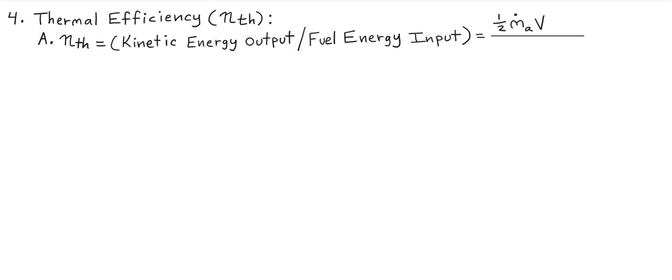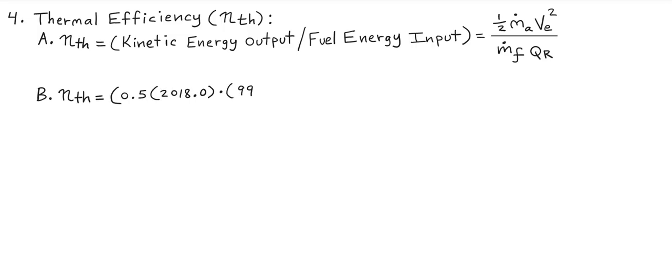So what we get for usable energy divided into the total potential energy, or the fuel energy input. Again, you can look this equation up and apply it. If it looks familiar, use it. So if we just solve for it algebraically, we can equate this answer here.